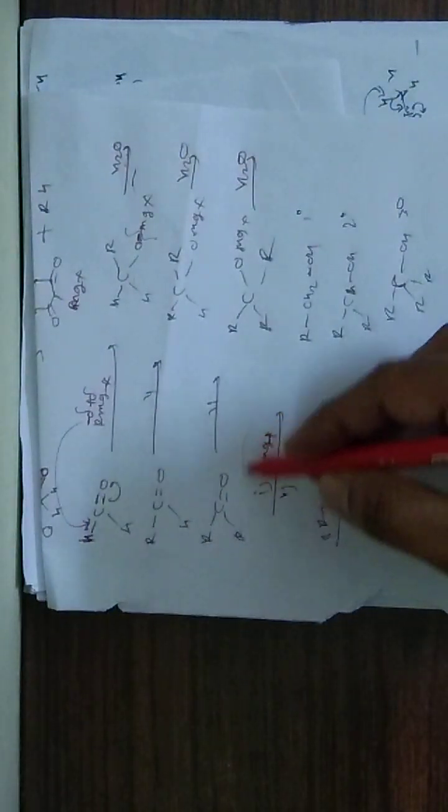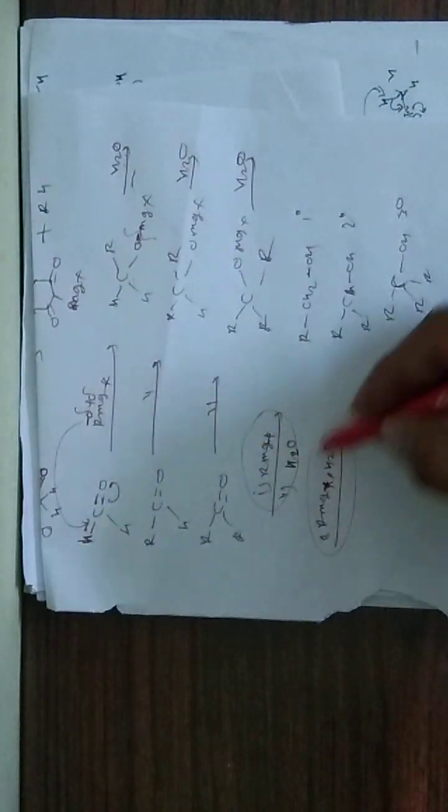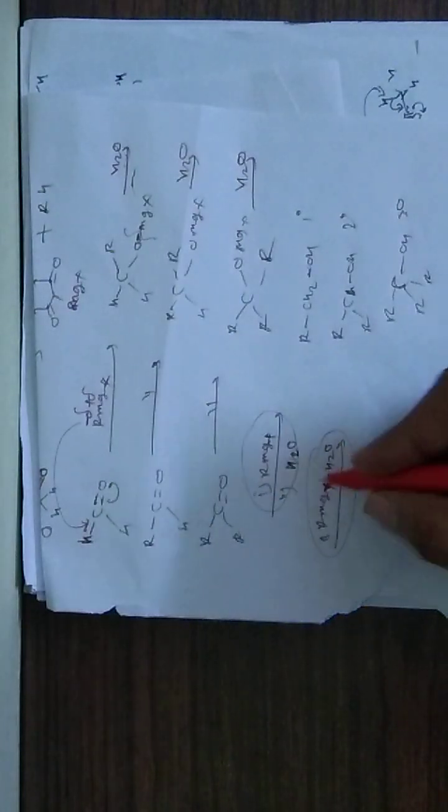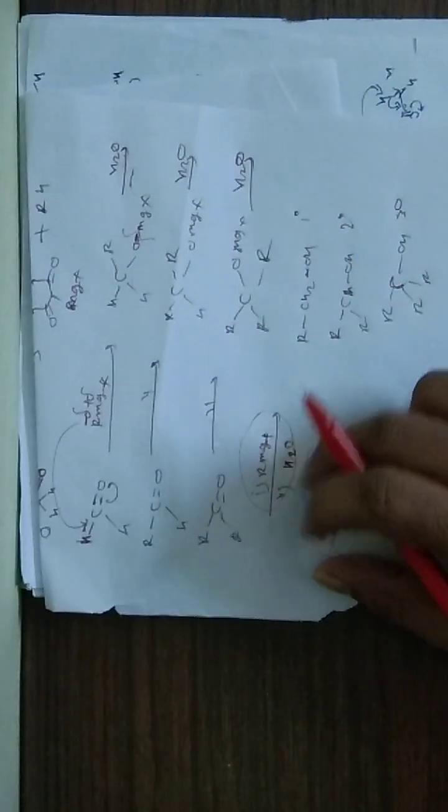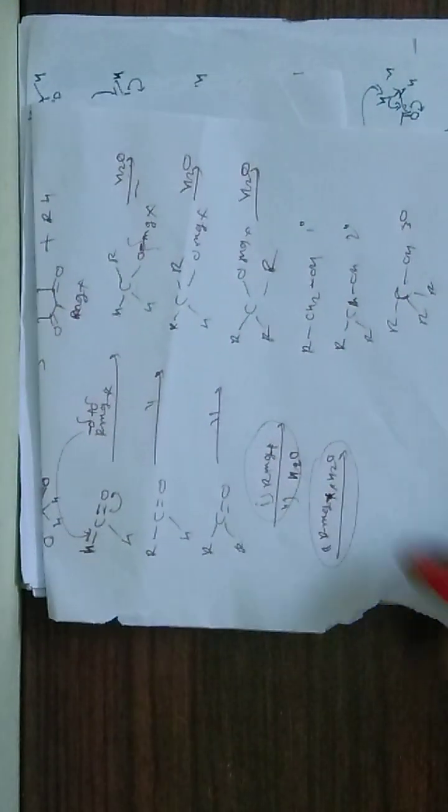This one is important because there is a little confusion. If we add water and RMgX at a time, this product will not form. So always write it like that, not like that.